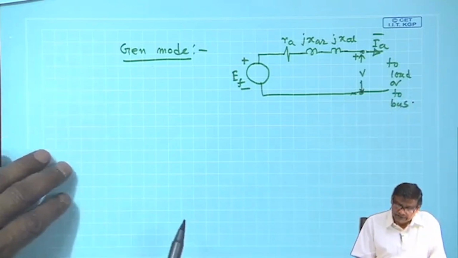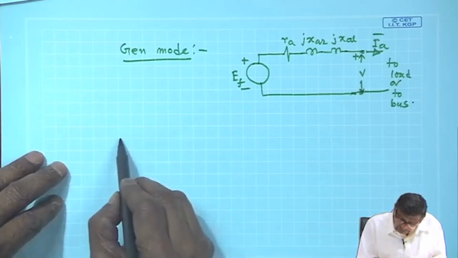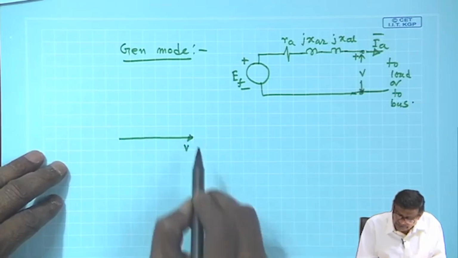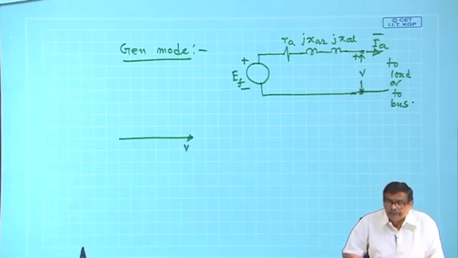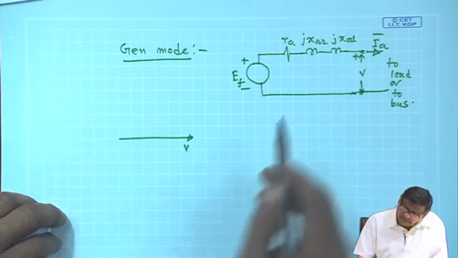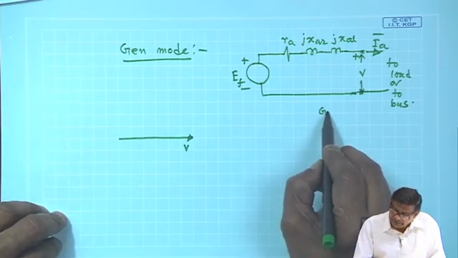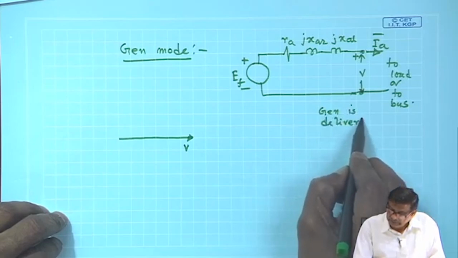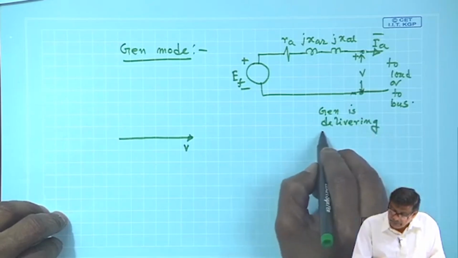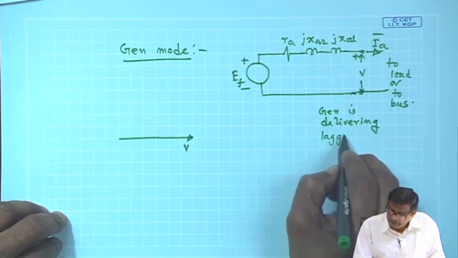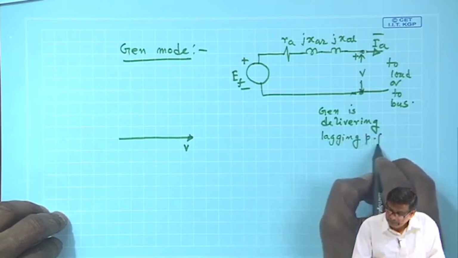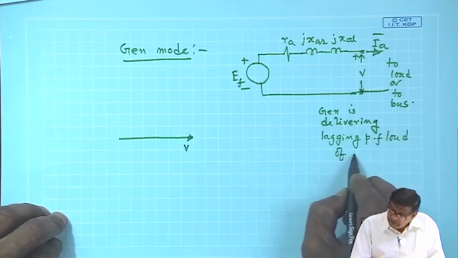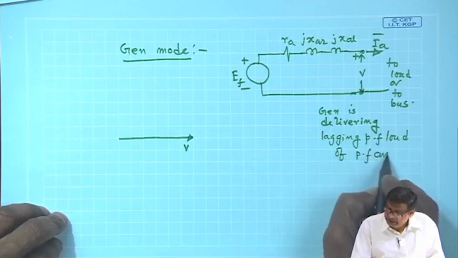It is customary generally to draw the phasor diagram in this way. Take this voltage V, the terminal voltage of the machine, which I am calling V. First draw this. And suppose let us assume the generator is delivering a lagging power factor load of power factor angle theta.